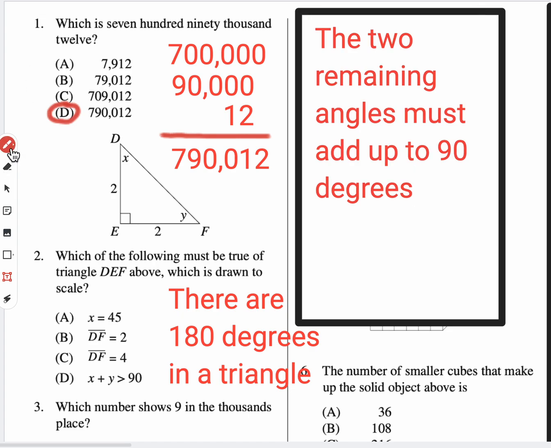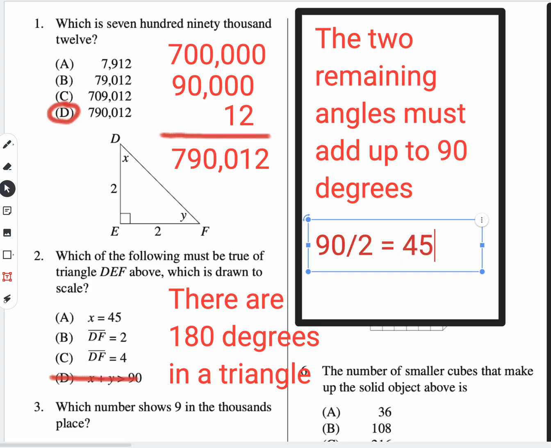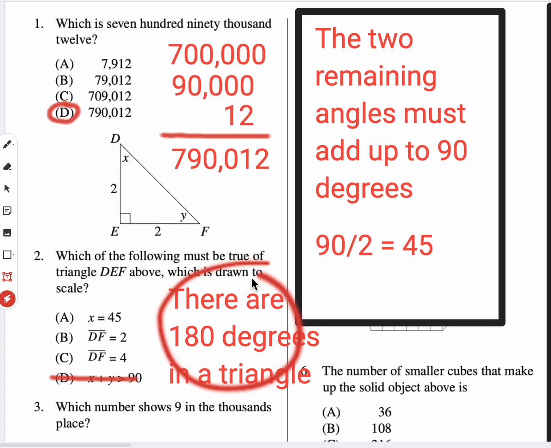Let's go ahead and eliminate D. X plus y is greater than 90. Since the sides opposite of angles x and y are both equal to 2, the angles themselves are both equal to 90 divided by 2, or 45. 45, 45, 90, plus 90 is 180 degrees.